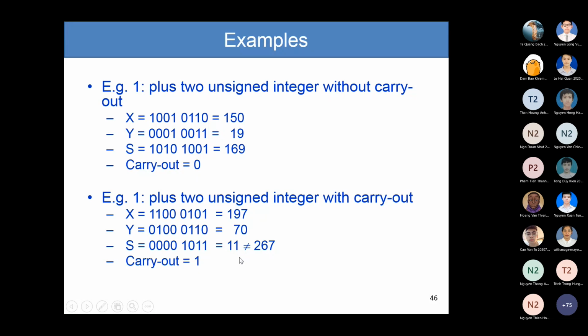So we need to remember that when we add or, the same, subtract unsigned integers, the results may be wrong if the carry out bit is 1, or if at the last step we still have the remember bit.